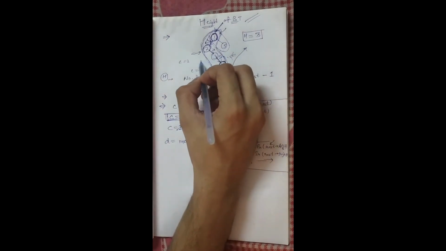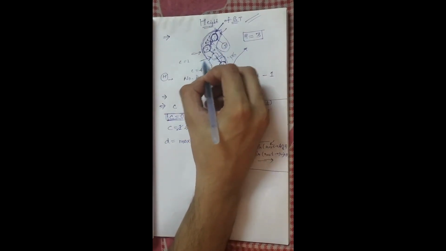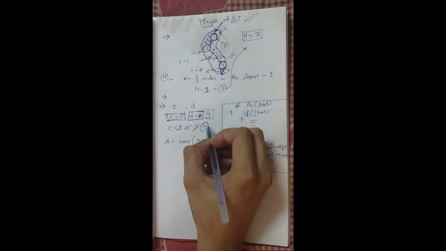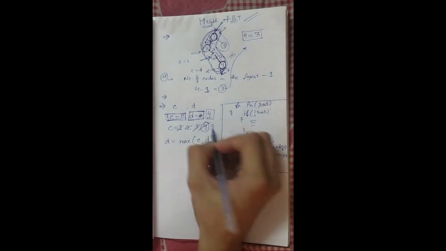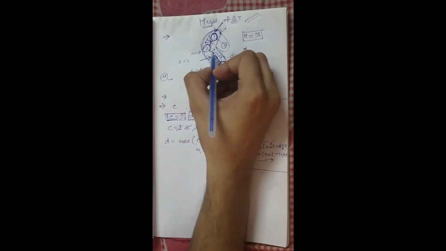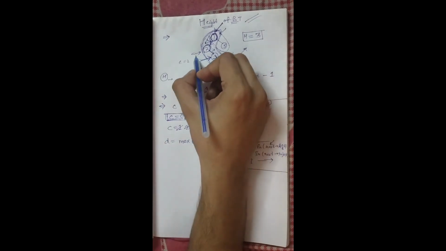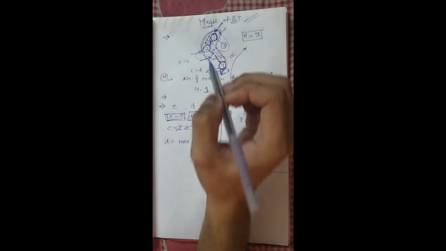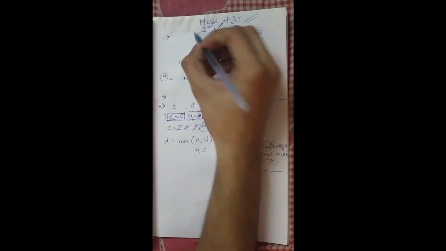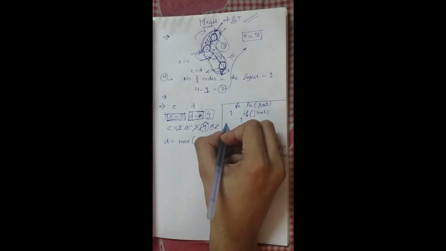When I am coming here, the number of nodes from root here is 3, so I would decrement C, so C would become 3. Again it would come here, C would become 2, it would come here, C would become 1.